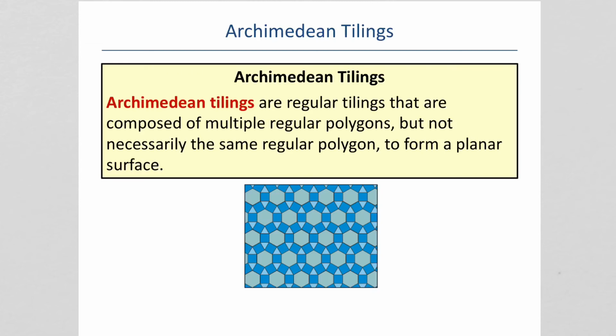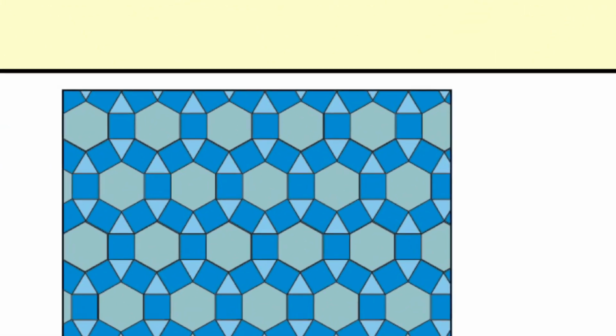Like here we have a regular hexagon, a square, and an equilateral triangle. And they fill the surface. Again, at any vertex, all these angles have to add up to be 360.